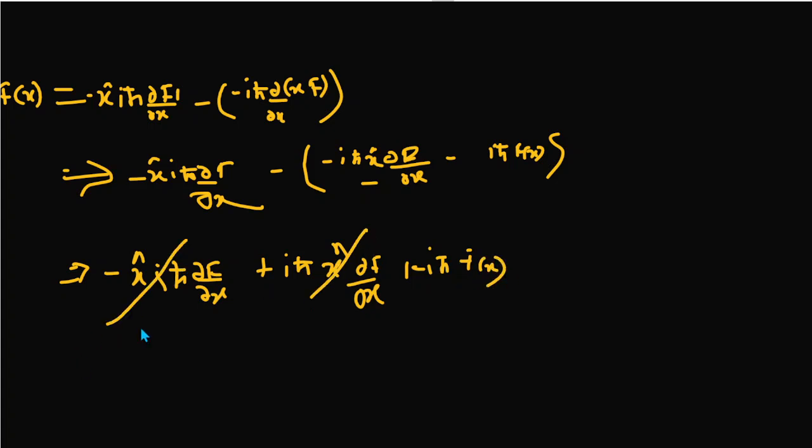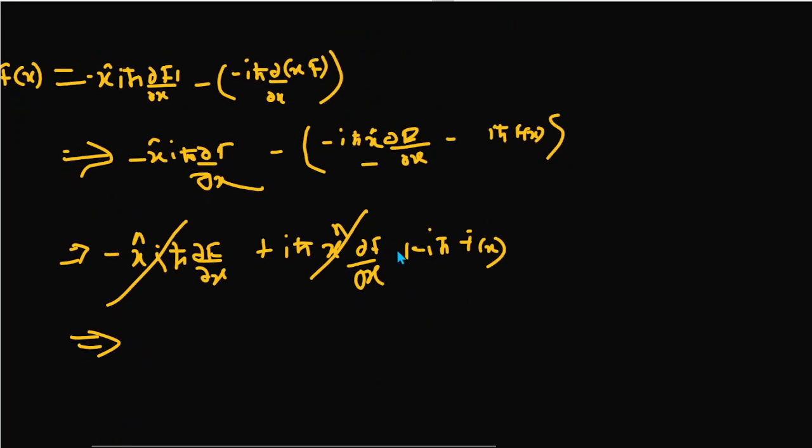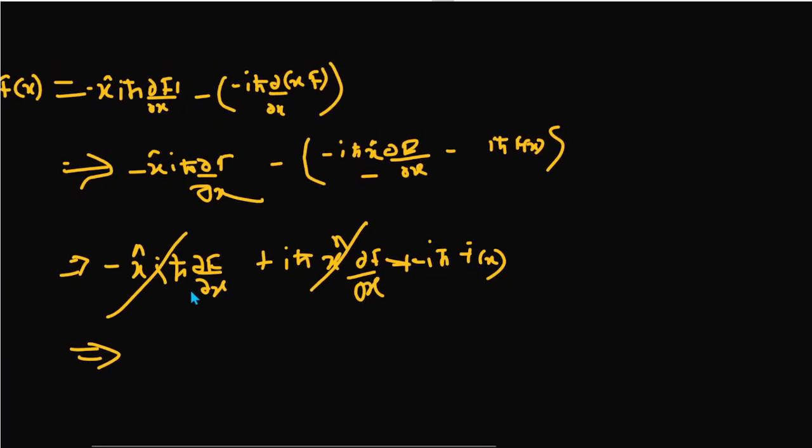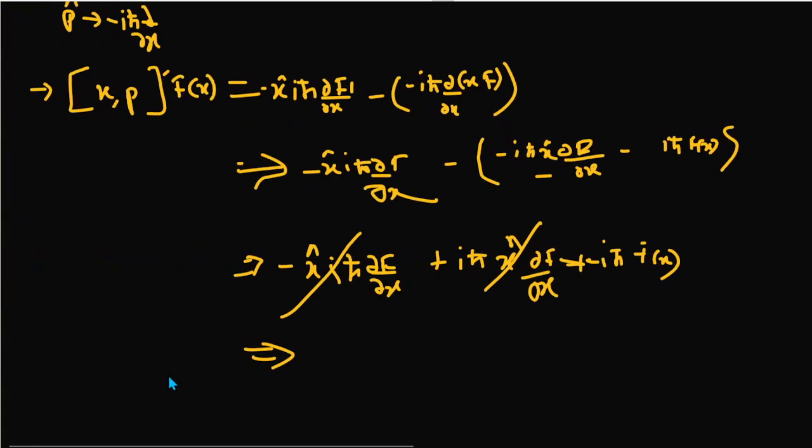This and this will cut out, and it will be equal to positive iota h cut and our test function.